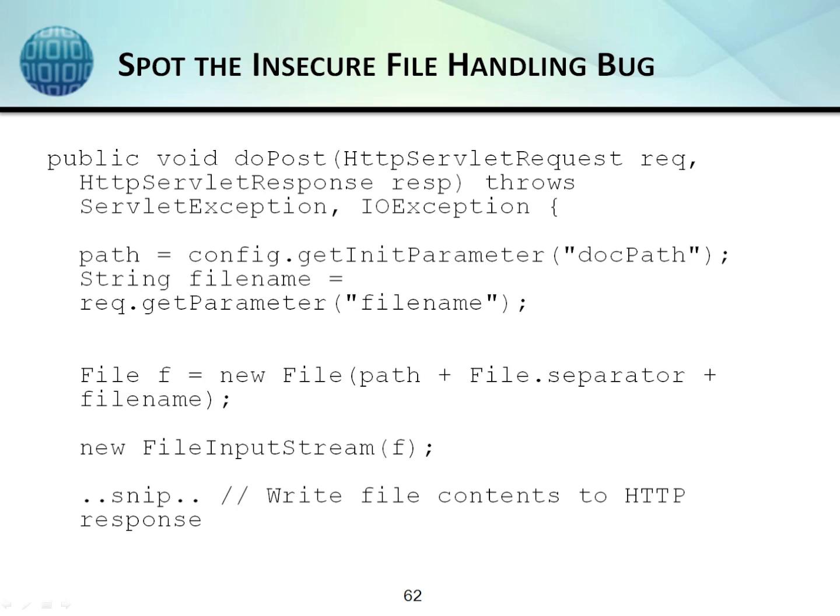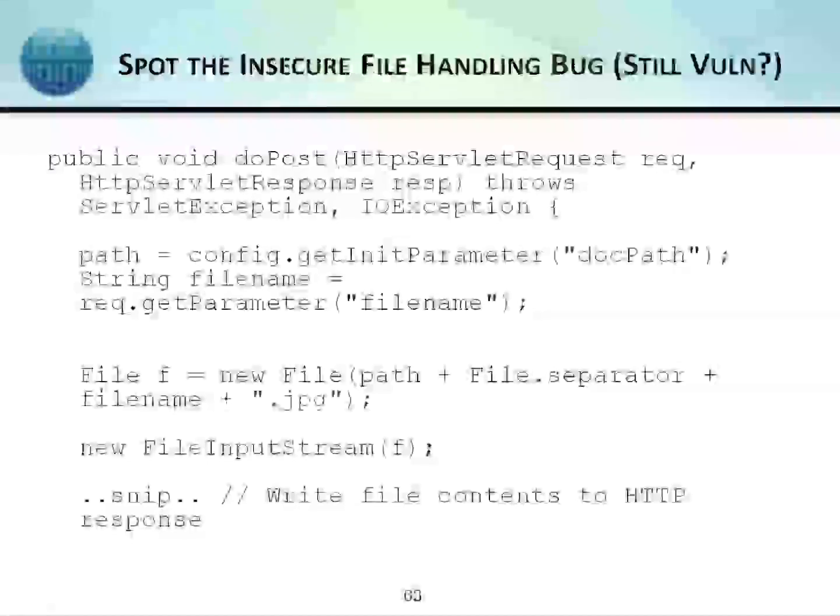So you control the file name parameter. You can pass in something like /etc/passwd, and it'll get read and returned to the browser. One of the common names for this is arbitrary file download.